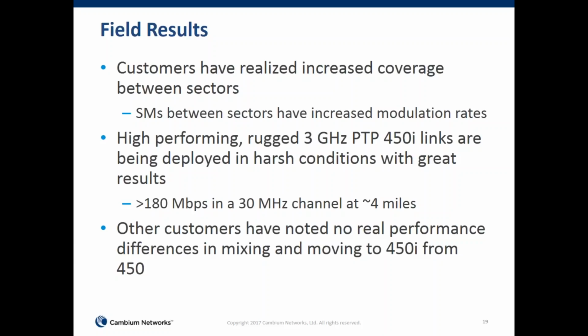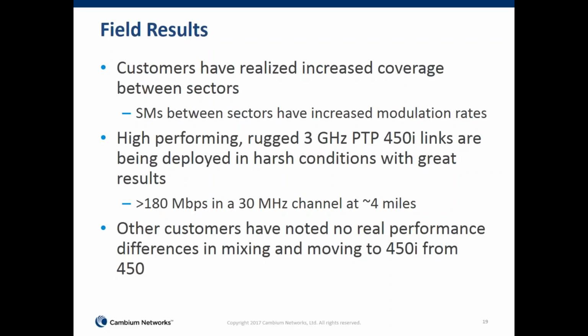We've seen that in between sectors, because of this increased coverage in the antenna, the SMs that are on the border, at roughly 45 degrees off boresight, are performing much better. They have increased modulation rates, so we're actually experiencing better results from guys that are not directly in front of the antenna. That's been reported from several customers.